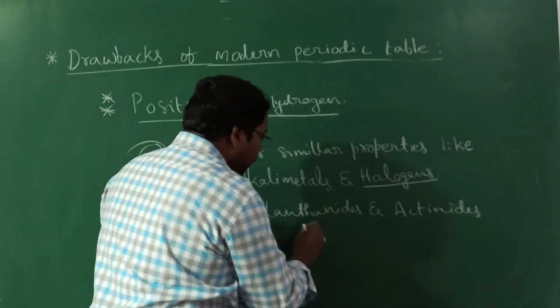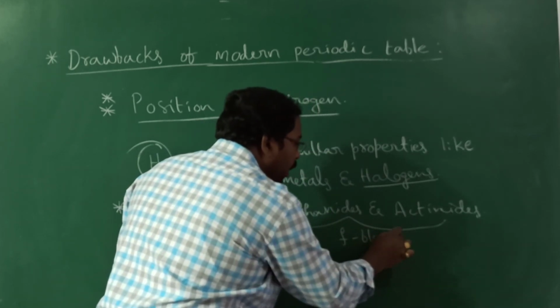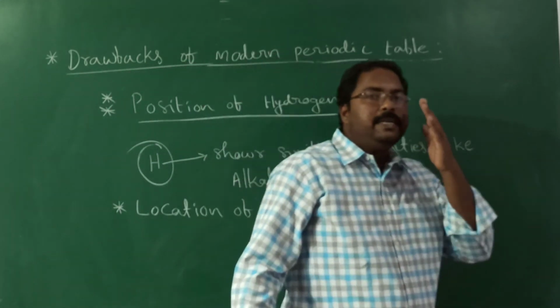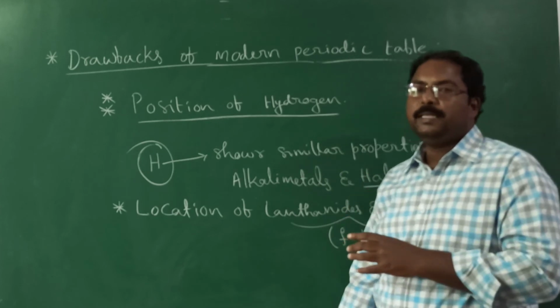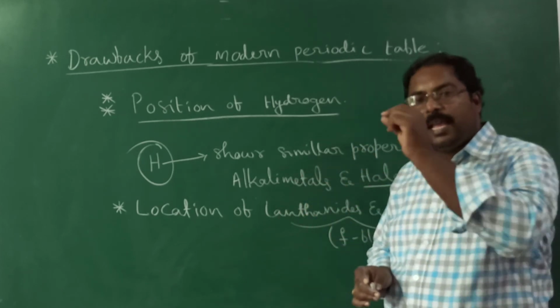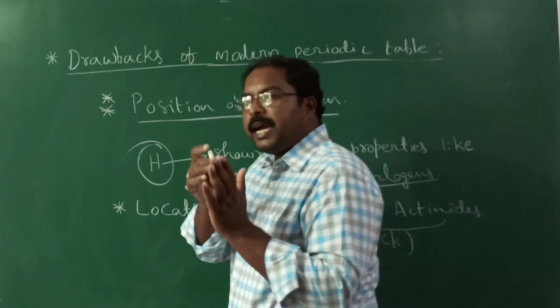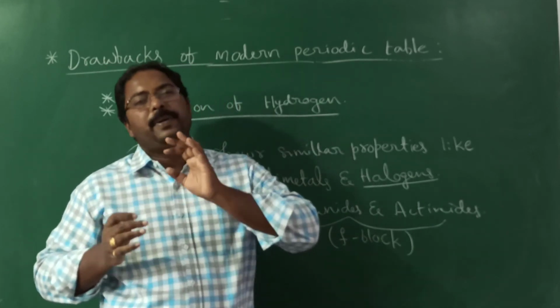Lanthanides and actinides are nothing but F block elements. So the location of these F block elements is at the bottom of the table. They placed them at the bottom, which means they did not give the correct position for lanthanides and actinides in the periodic table.